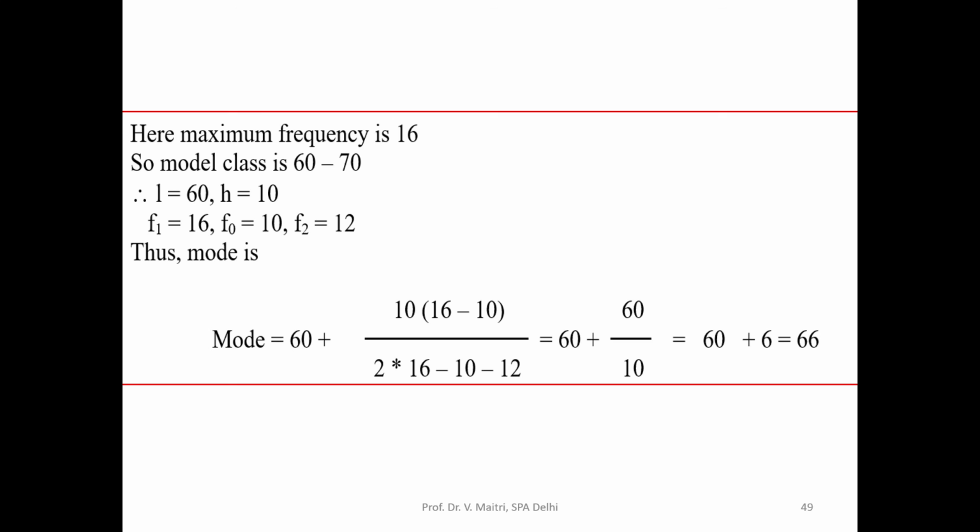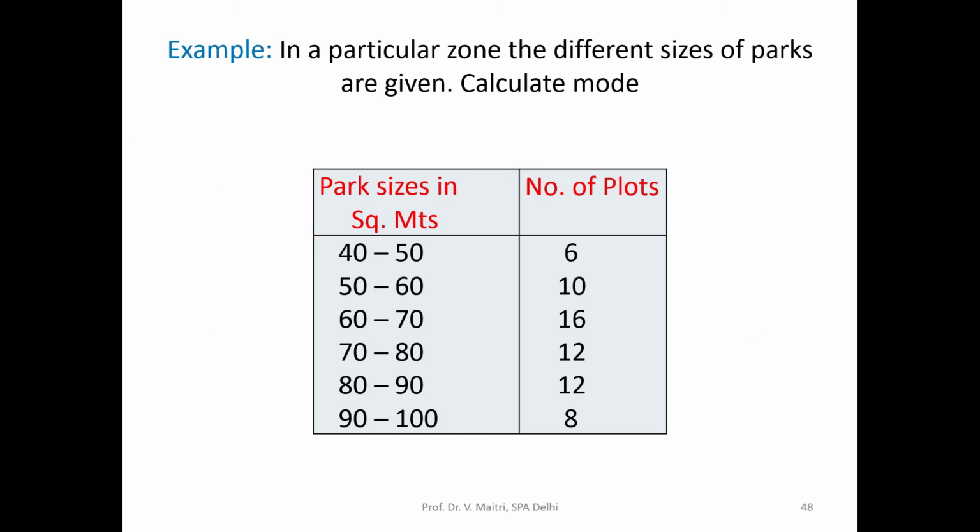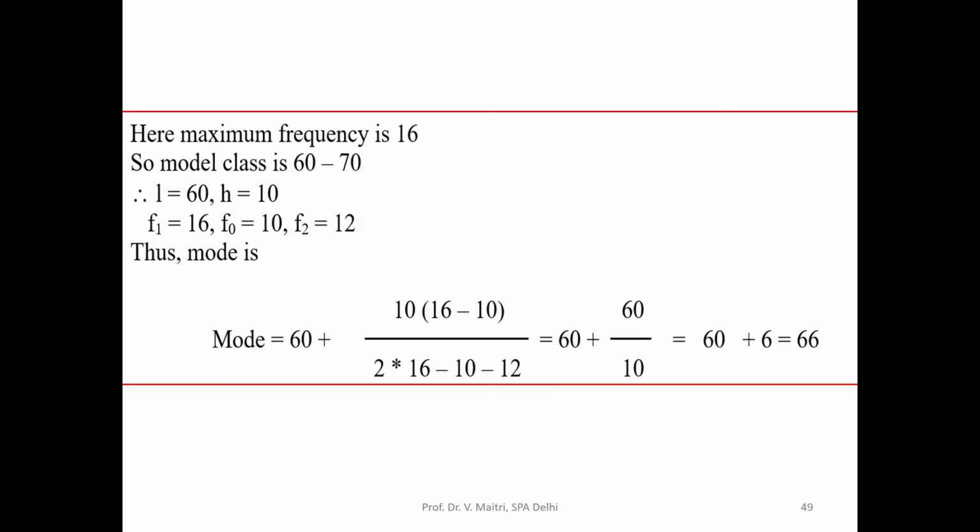So f1 is 16, f0 is 10 and f2 is 12. Using the values in the formula, 60 plus 10 times (16 minus 10) divided by (2 times 16 minus 10 minus 12), it works out to be 66.